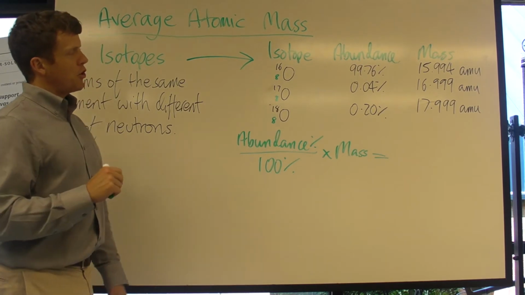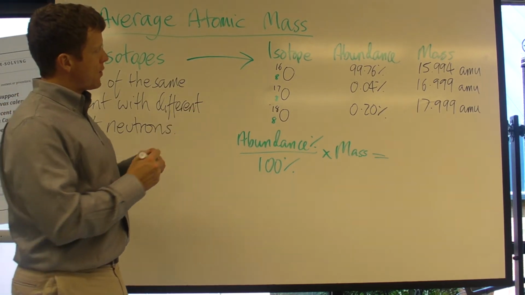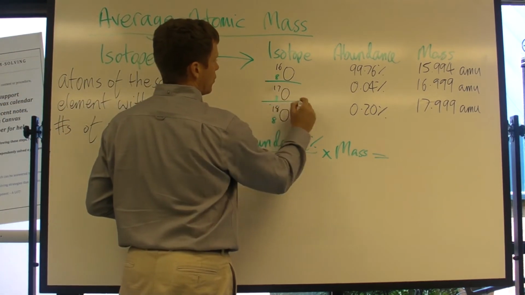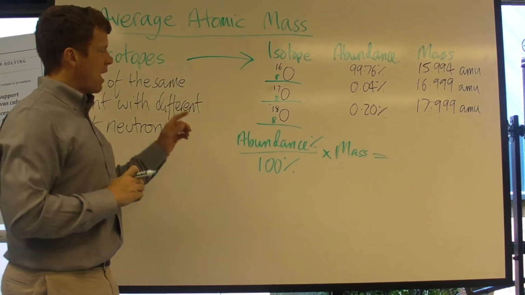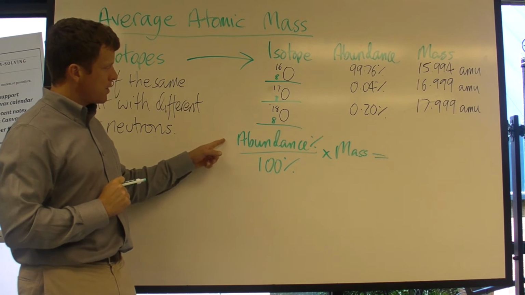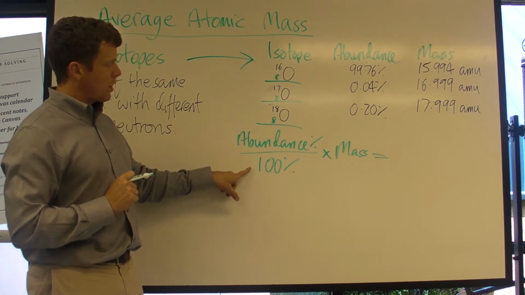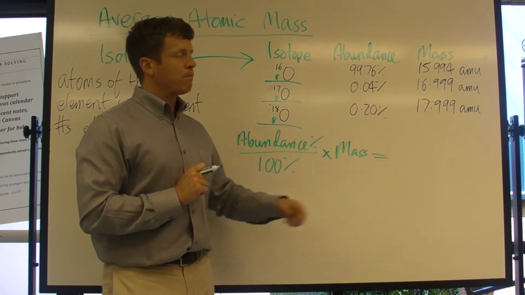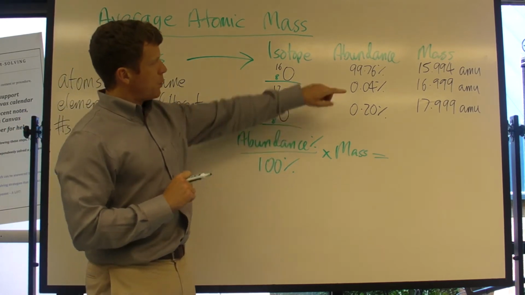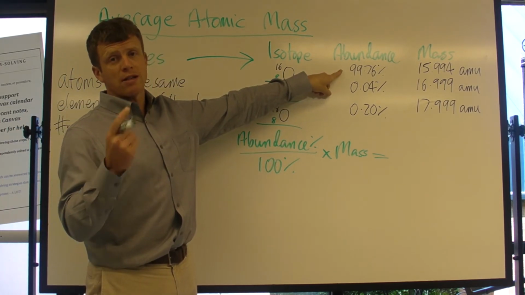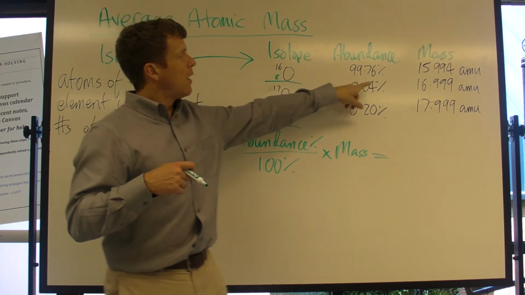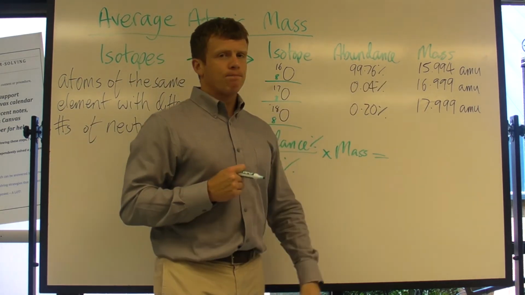So the calculation that you need to do, if you have 3 isotopes, so 1, 2, 3, you actually do the same calculation 3 times. And that calculation is that you take the abundance and you divide it by 100 and then you multiply by the mass. So, for example, we take 99.76, divide it by 100, that would cancel out the percentage signs, and then multiply it by the mass.